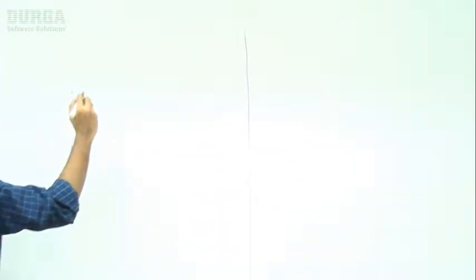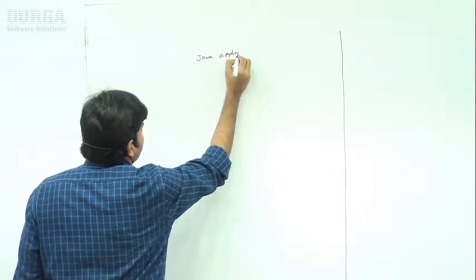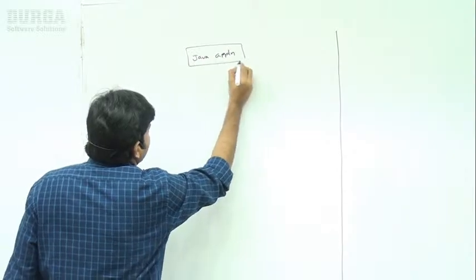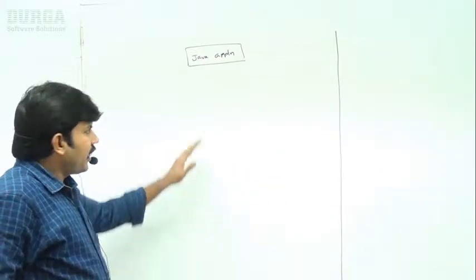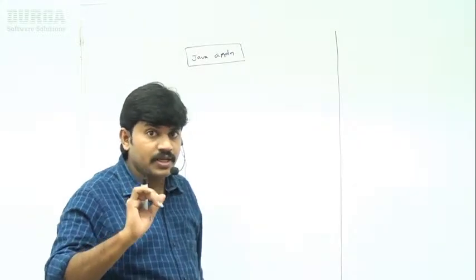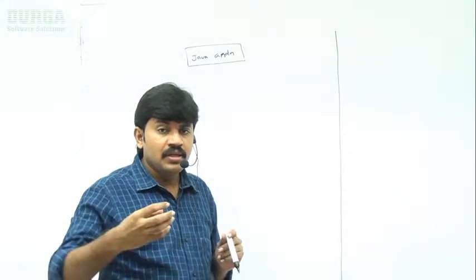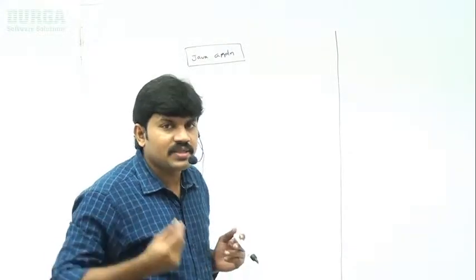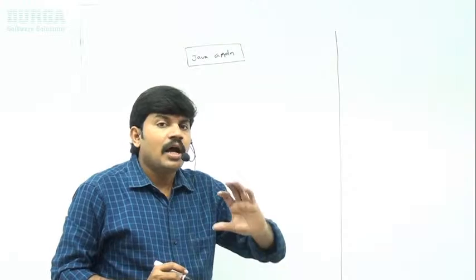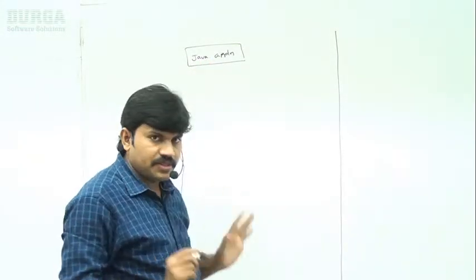Here just observe, I have a Java application, sir. What is this one? Java application. I write one Java application to communicate with the database with the JDBC API. Of course, in this application, I use Connection, Statement, ResultSet, which are applicable for any database, right? I write the Java application.